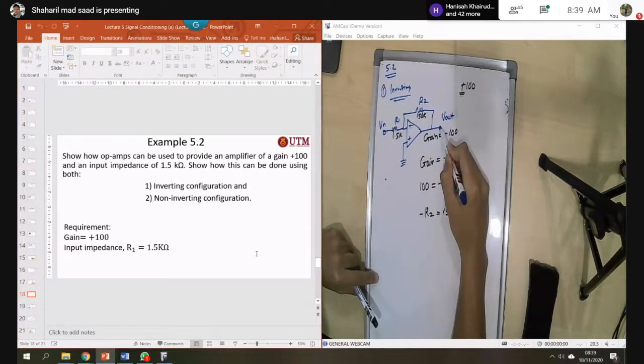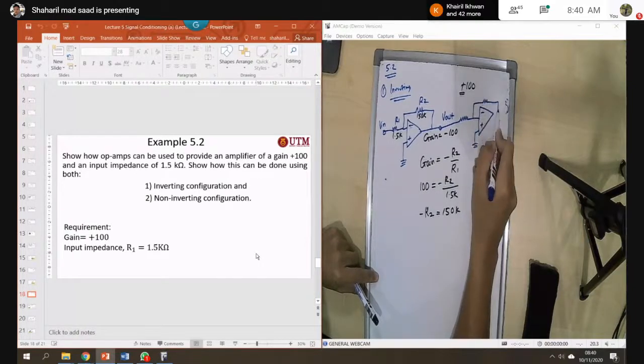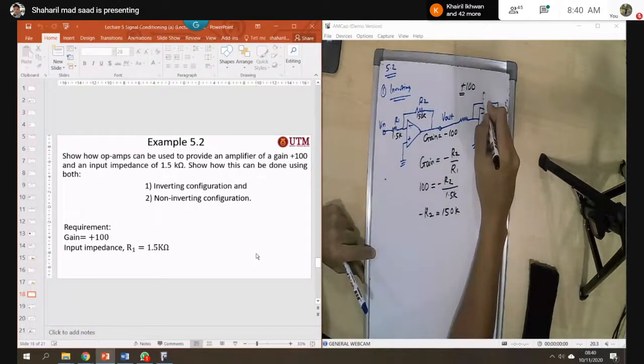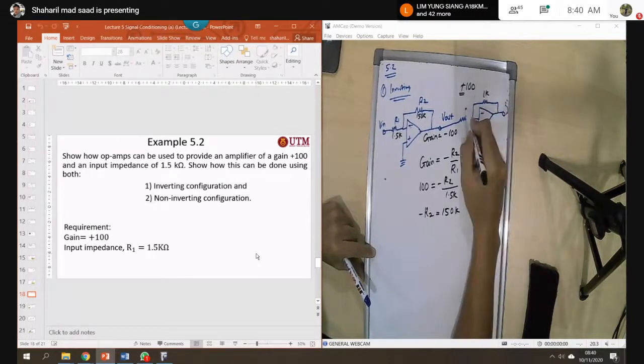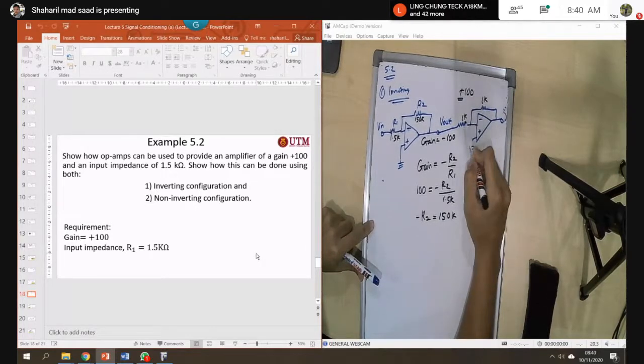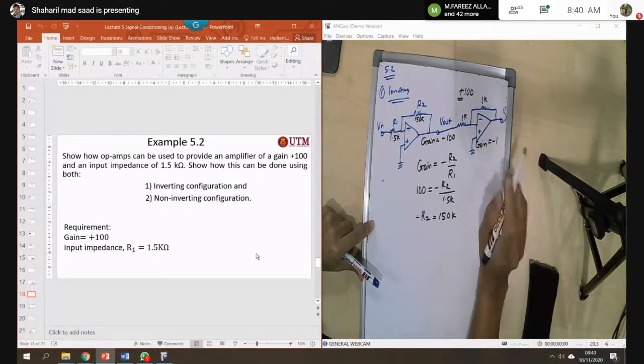That means you need another amplifier, minus and plus going to ground. For this one you can use any resistor, but they need to have the same value. For example, I choose 1K and 1K. So the gain here is minus 1.